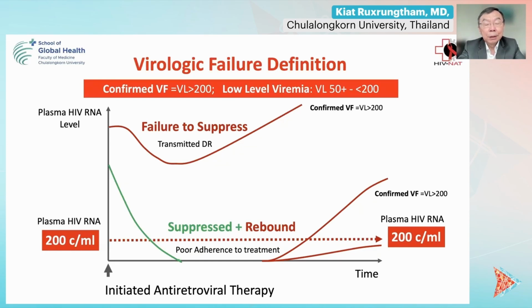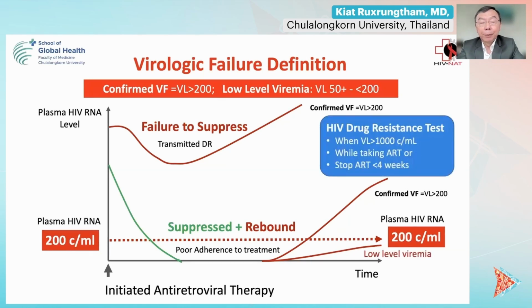The second, more common scenario is that the patient has been well suppressed for a certain period of time and then has a biological rebound above 200 copies per ml. This is most commonly related to poor adherence, and some is related to suboptimal dose of the ARV due to drug interaction.